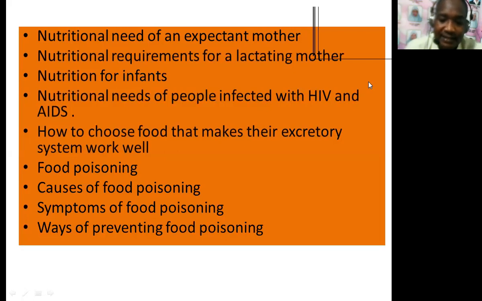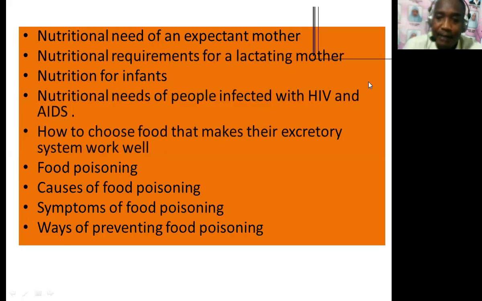Such practices include, number one, store food properly. All stored foods should be covered to prevent contamination. Two, buy clean foodstuffs from kiosks, markets, and food sellers.